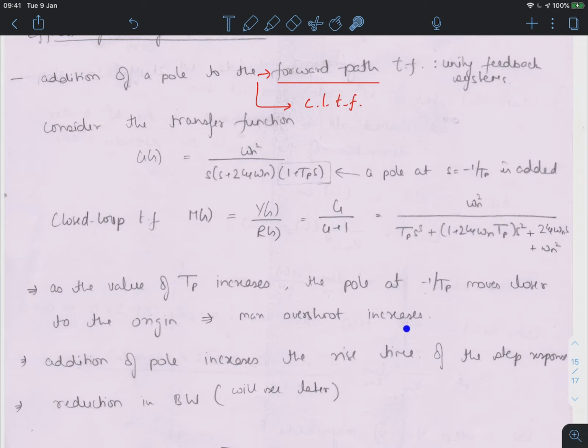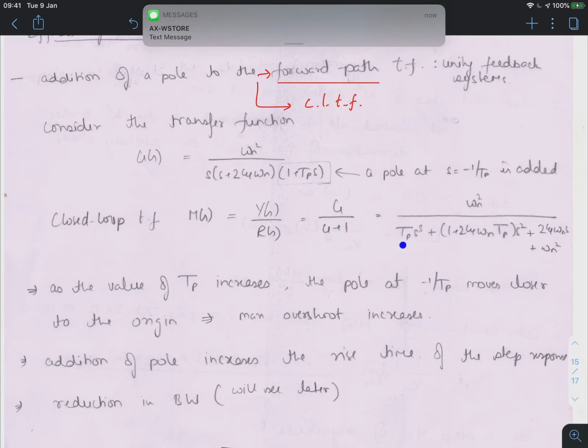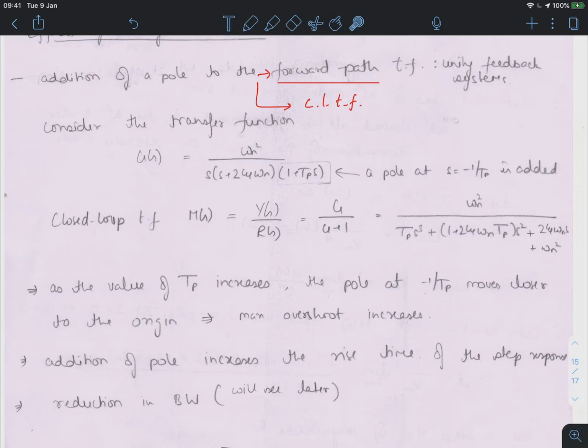So in this case we will see an increase in the maximum overshoot, and the reason behind this, pay attention to the closed loop transfer function we have obtained. So we have this Tp s cube. First of all we will make the numerator polynomial monic, meaning to say that the higher degree coefficient should be 1.